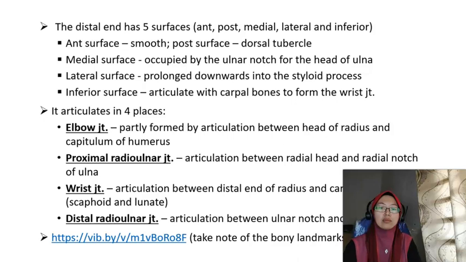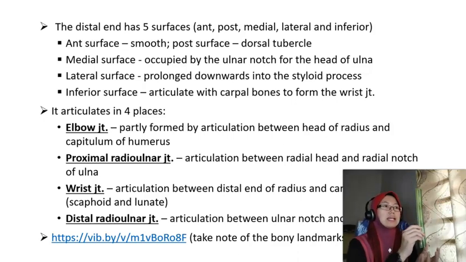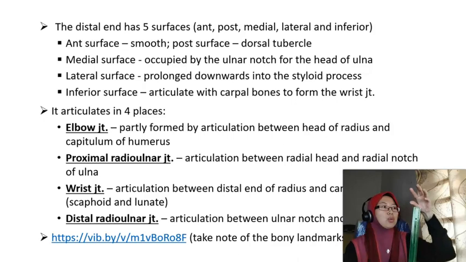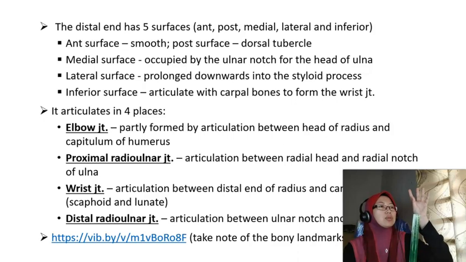Okay, where were we? The radius, proximal and distal. The radius articulates in 4 places. First, the elbow joint, whereby the head of the radius articulates with the capitulum of the humerus, like in the previous part 1, forming the elbow joint.